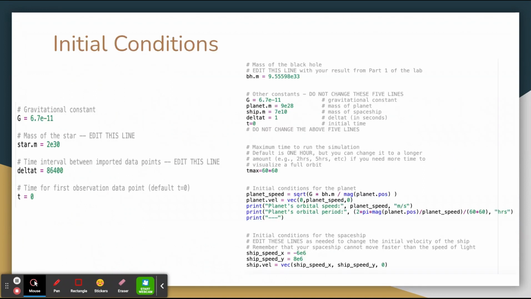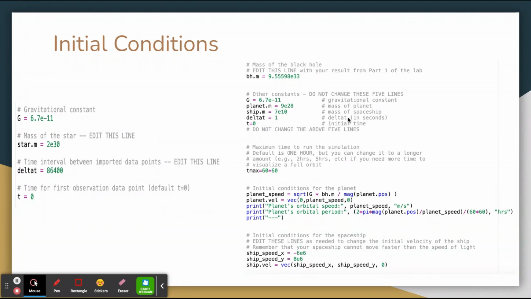So, the initial conditions of the lab. On the left we have our code for part 1, where we had to have a gravitational constant. We chose the mass of a star. I just chose around the same mass as the sun because that's a general reference I took. And then this is our delta t, which was calculated by multiplying time times days per year for an orbit.